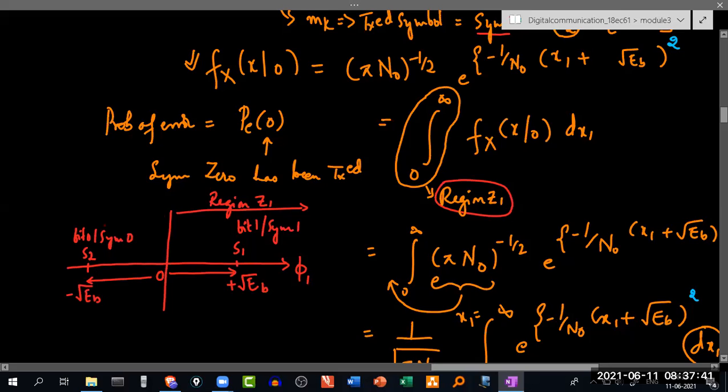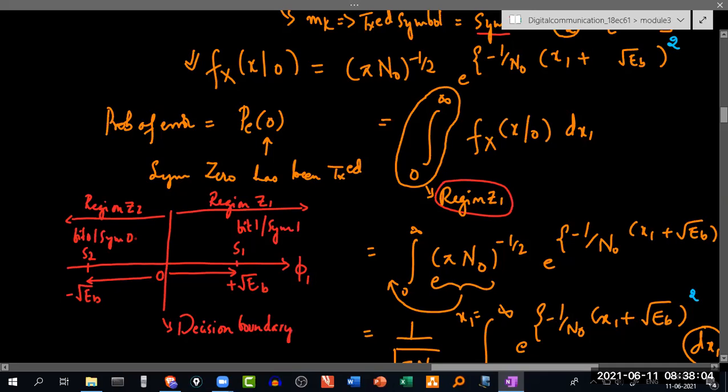Over here, we call this region Z2, such that this 0 acts like a decision boundary.